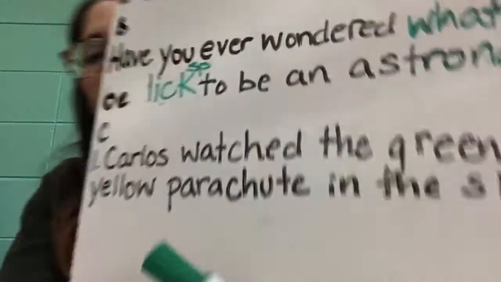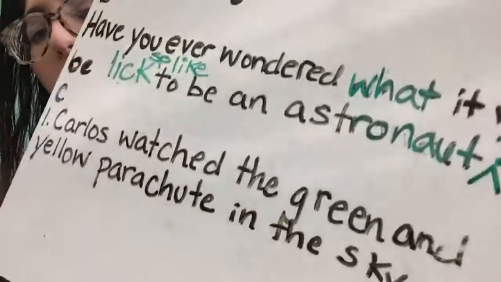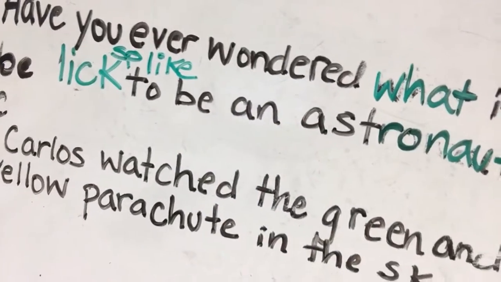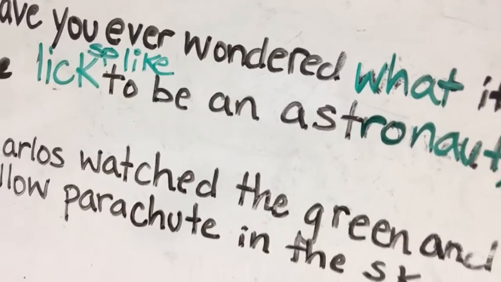We put SP on top of it, and next to SP we try to spell it right. How do we spell it? L-I-K-E. Very good. SP for spelling error, and next to it put how it's supposed to be spelled. We did sentence 1. You'll do the other sentences on your own because of time.